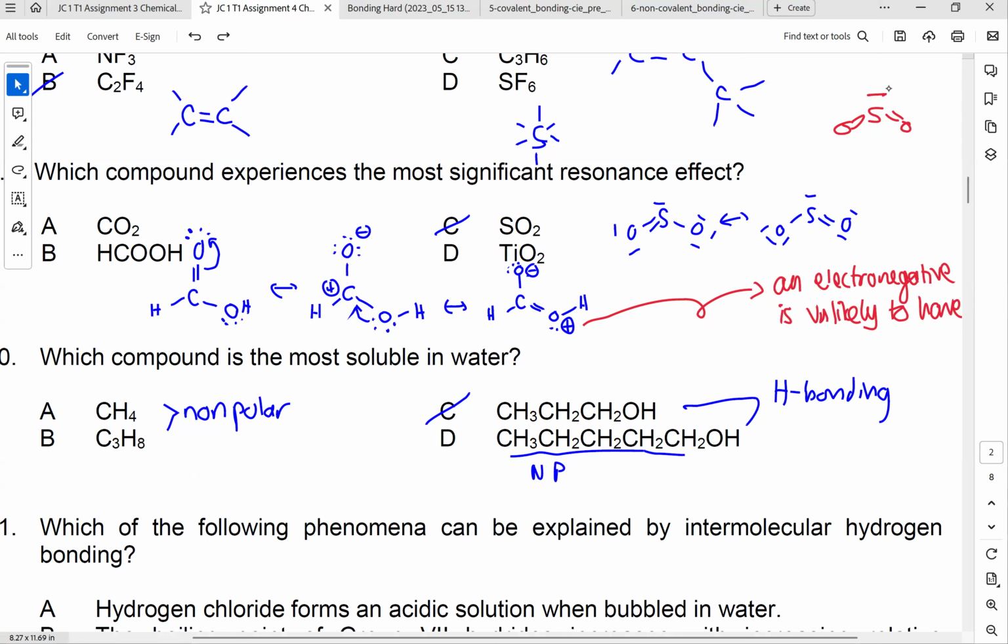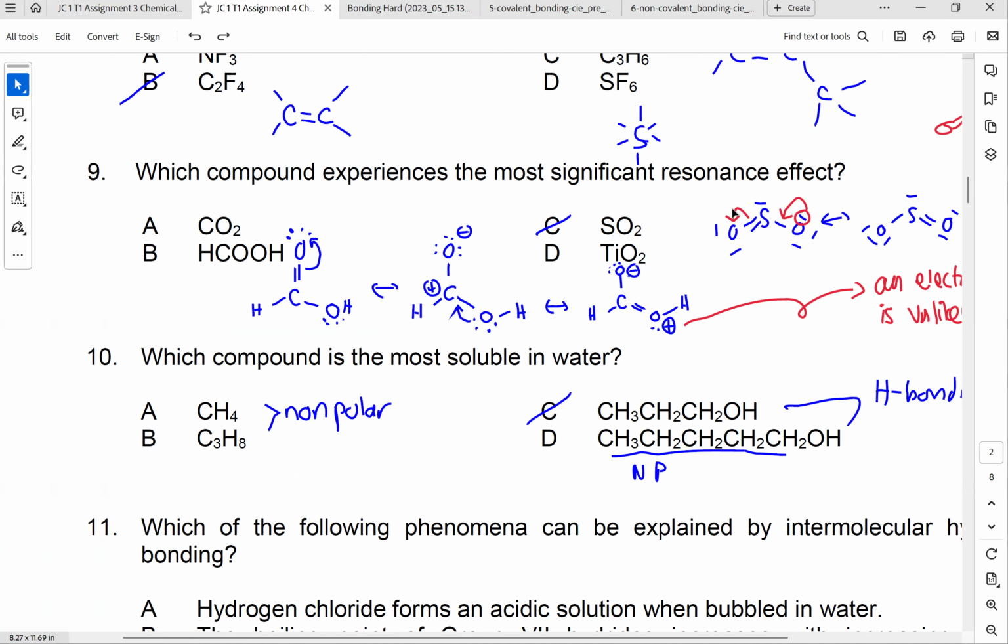If we have this kind of structure, now the lone pair on O can move here, and then one of the double bonds will fall out like that, and it forms the resonance structure. So this is the most likely molecule to have a resonance structure, okay?